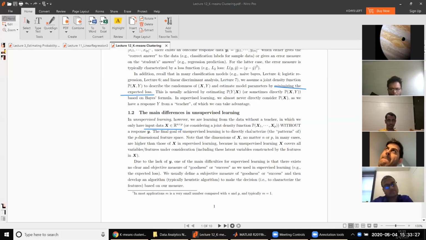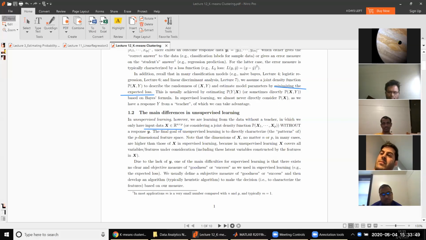Why? Because you don't have this y response. You don't know how to evaluate, and hence in many unsupervised learning problems, these kinds of measures are subjective, rather than objective. It's subjective, unfortunately.